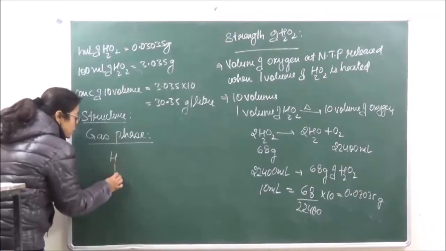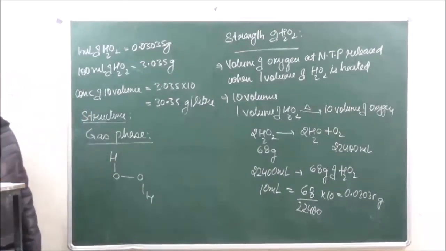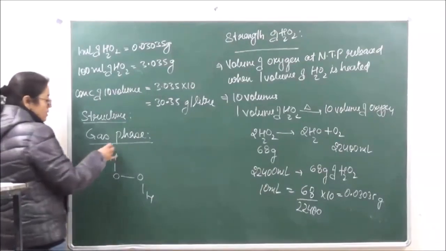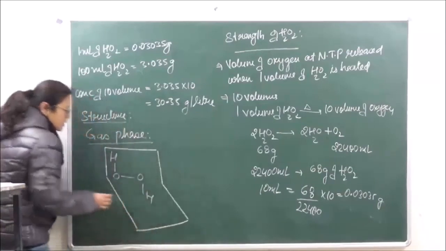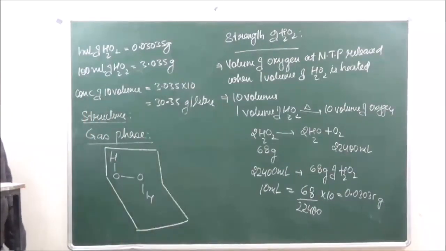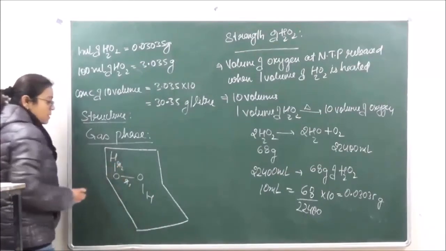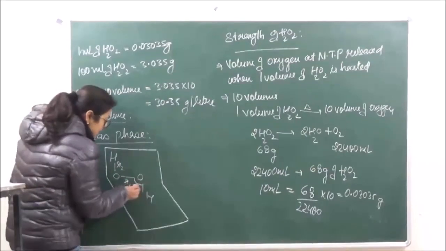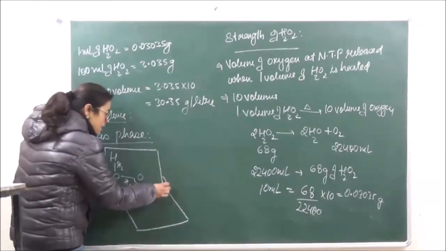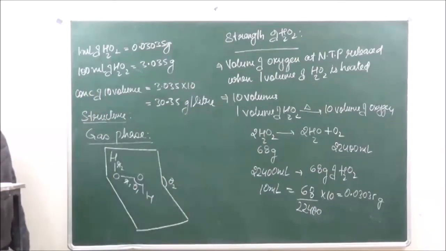The planar structure, if we are looking at, this is how the structure is going to be. This is how we generally make the structure. Now over here, let's say this is R1, this is R2, and this is theta1, and this is going to be theta2. So this is the planar structure.